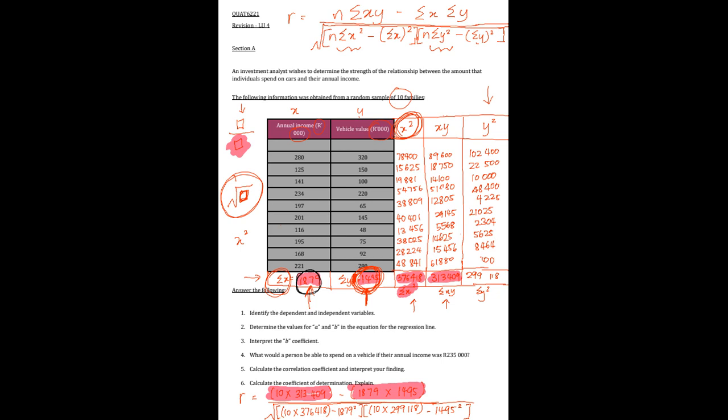So you'll put one bracket, and then you'll put another bracket. You only have the round brackets on your calculators. You won't have the square one naturally, but you'll just use the round one. So you'll press the round bracket, the open bracket, then you'll press it again, and then you'll type in 10 times 376418, close it off, and then minus 1879 squared, and then you will close that bracket off, and then immediately you can.